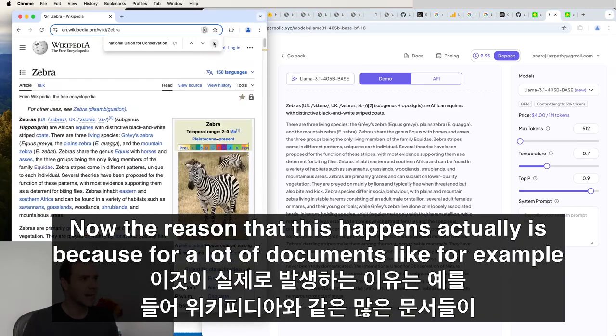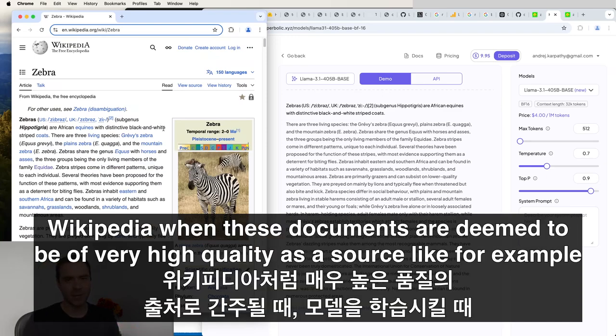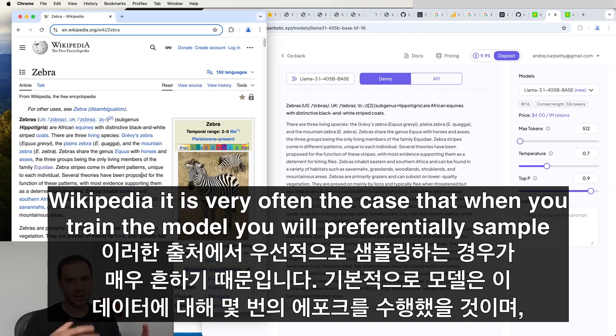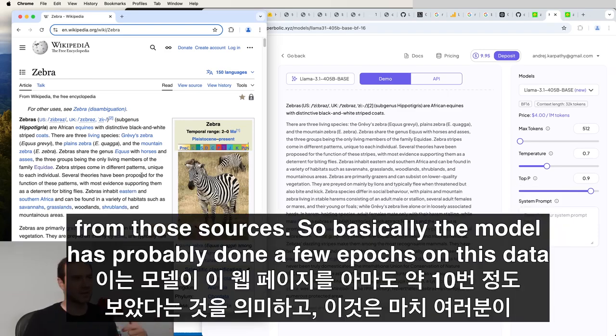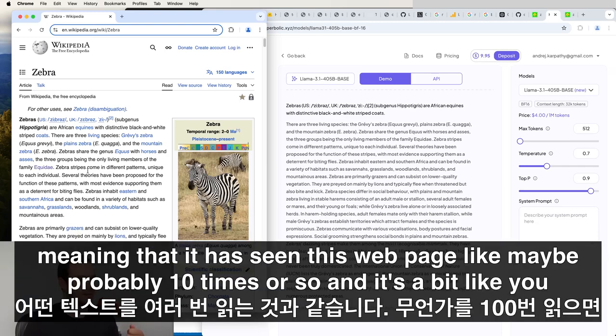Now, the reason that this happens is because for a lot of documents that are deemed to be of very high quality as a source, like for example Wikipedia, it is very often the case that when you train the model, you will preferentially sample from those sources. So the model has probably done a few epochs on this data, meaning that it has seen this web page maybe 10 times or so.